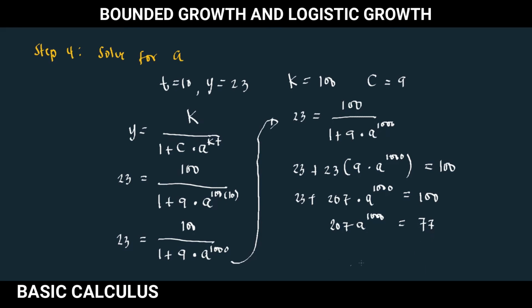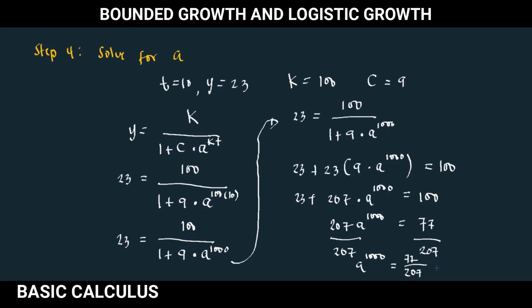And then to solve for A, let's isolate the A variable. So let's divide both sides by 207. So here we're left with A raised to 1000 is equal to 77 over 207.